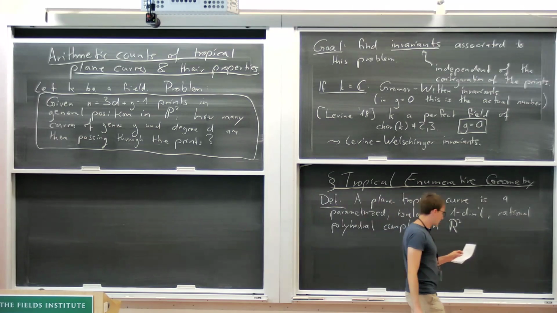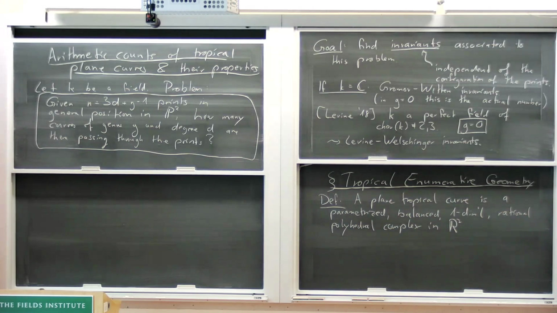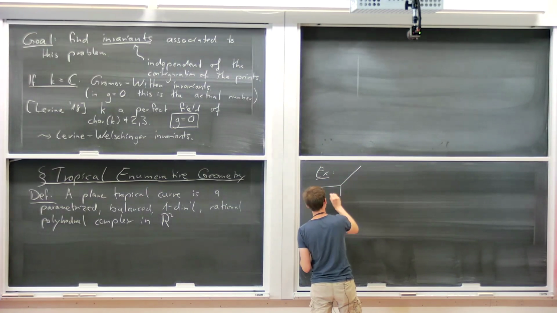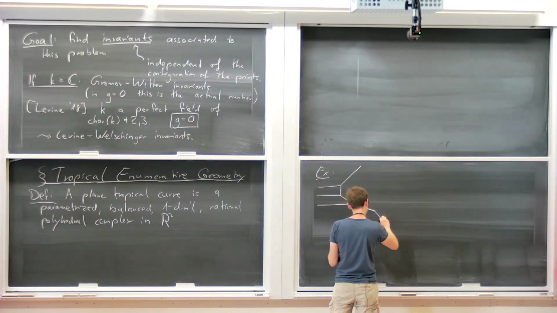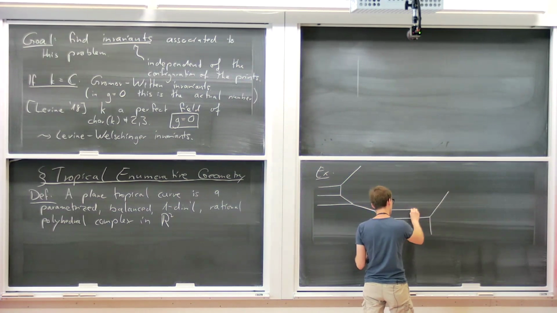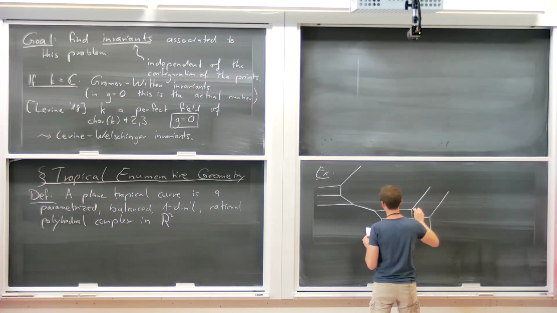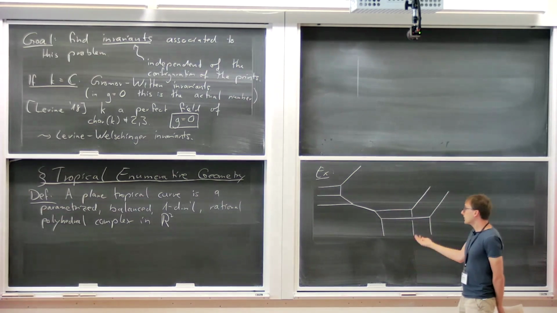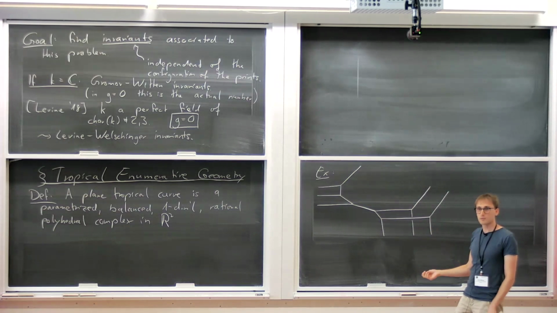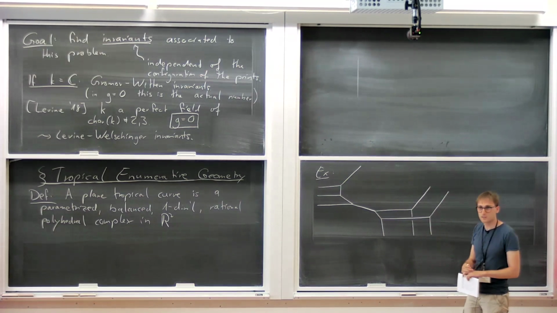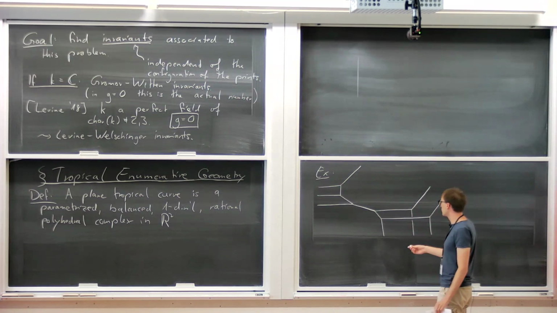Okay, so let me try and put some life into all those words by drawing you a sketch as an example. It is something like this. Right? It's a one-dimensional polyhedral complex. It's built from polyhedral cells, which in the one-dimensional case are simply intervals or unbounded rays.